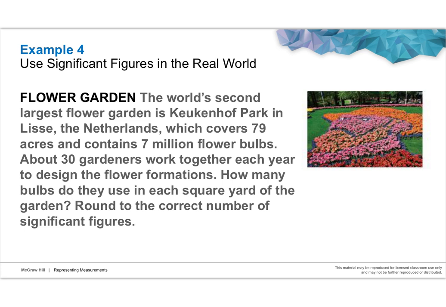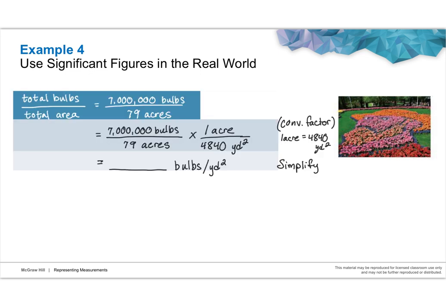As we look at this description, hopefully you are agreeing with me that 79 is our measured value. So we're going to divide the total bulbs, which is 7 million, by the 79 acres. And we're going to convert that with our conversion factor here of 1 acre being 4,840 square yards.